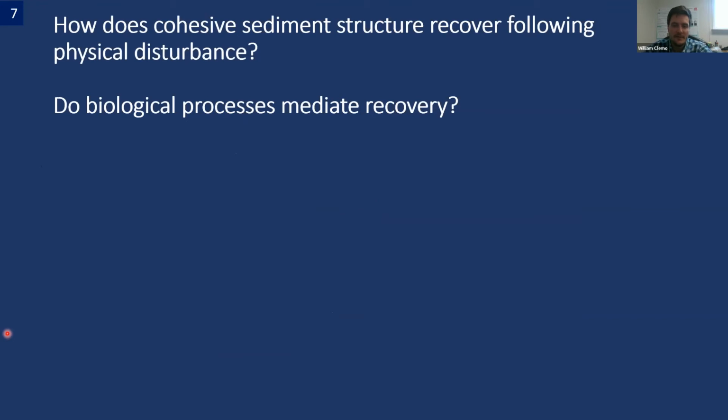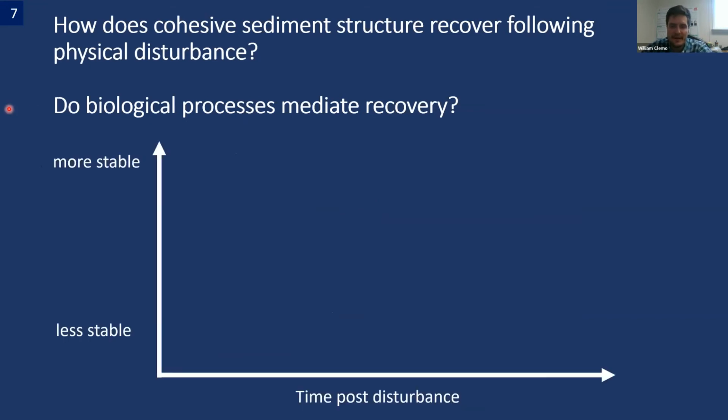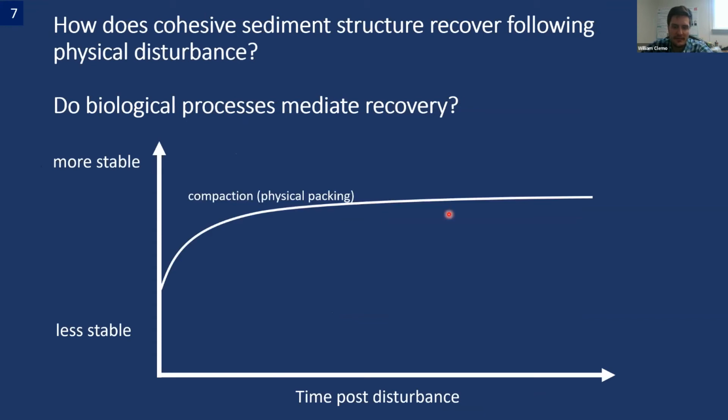So our study focused on how different geological and geotechnical properties of natural cohesive sediments changed over time following disturbance, and what role biological processes play in that sediment re-strengthening. So we expected that the sediment physical compaction, so just that physical grain packing, would occur rapidly and stabilize faster than overall cohesion, which is that stickiness of the sediment.